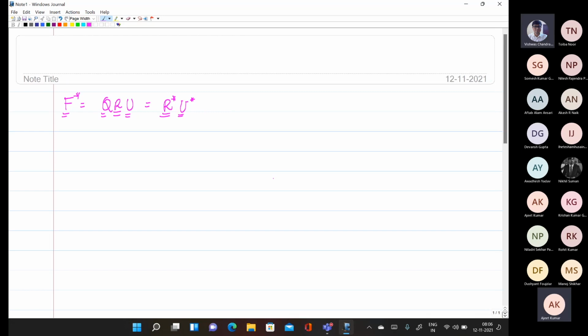If you compare, and the fact that the polar decomposition is unique, that implies this part must be R star and this part must be U star. So R star is therefore Q into R. So although Q is a global rotation and big R is local rotation, the product is the new local rotation. That's why it is R star.